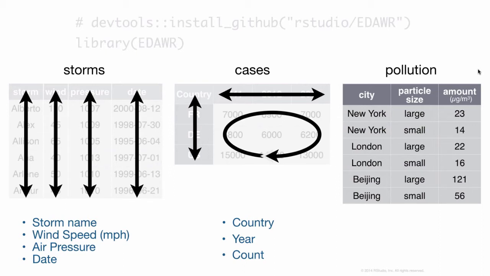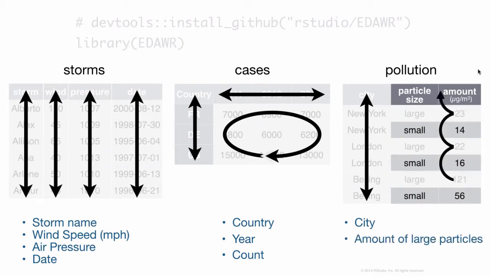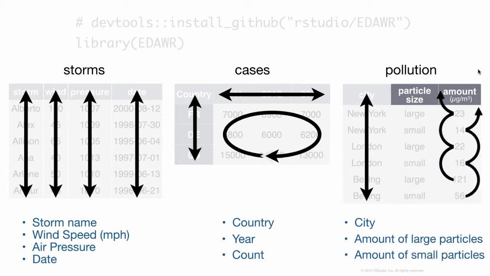When we get to pollution, we see a different format still. We have a variable that's different city names. And then it looks like we have a variable that describes particle size and a variable that describes some sort of amount. But I think you can also argue, and this is what I would argue, that we actually have a variable which is the amount of large particles that each of these cities has in its air, and the second variable which is the amount of small particles that each city has in its air.